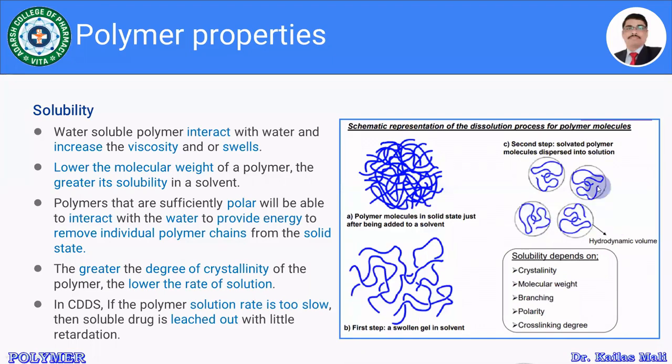The solubility of the polymer depends on various parameters like crystallinity, the molecular weight of the polymer, branching of the polymer, then the polarity and the cross-linking degree. So let us see one by one how these properties affect the solubility of the polymer. If the polymer is crystalline in nature, such polymers definitely have very low aqueous solubility.